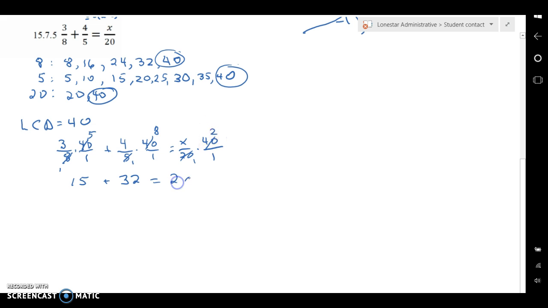So we have 2x on the right side. Now we've cleared our fractions. All we have to do is add what's on the left. 32 plus 15 is 47. So 47 equals 2x, and we divide by 2, and we get that x equals 47 halves.